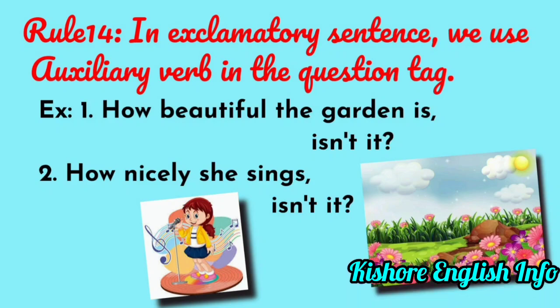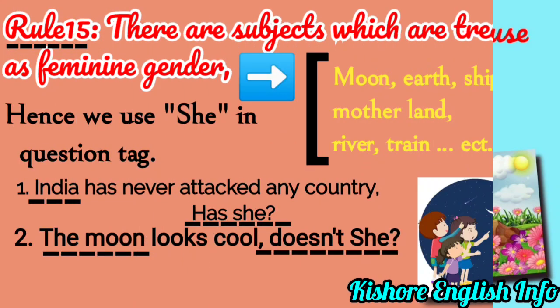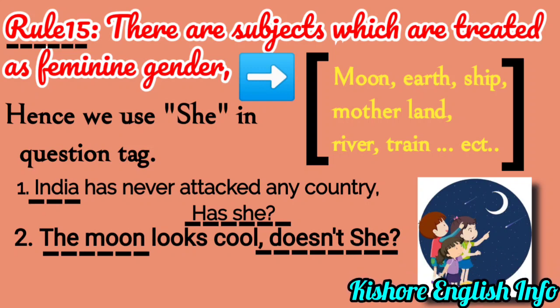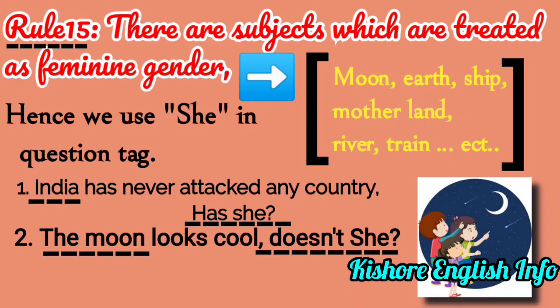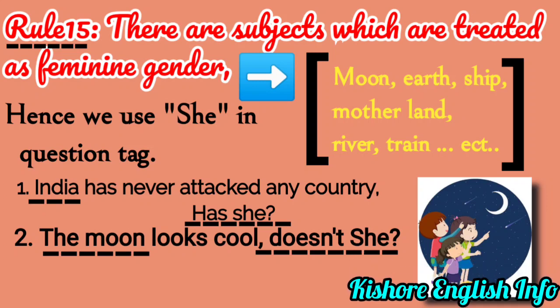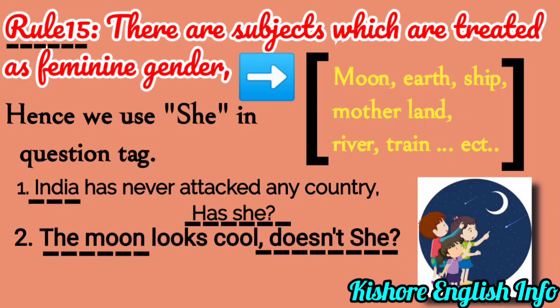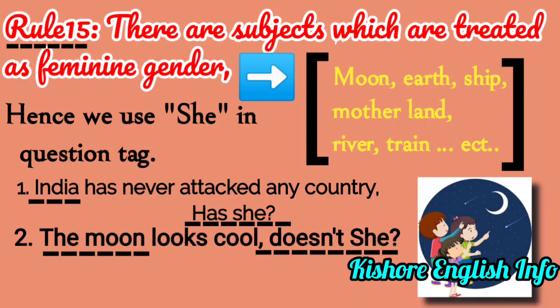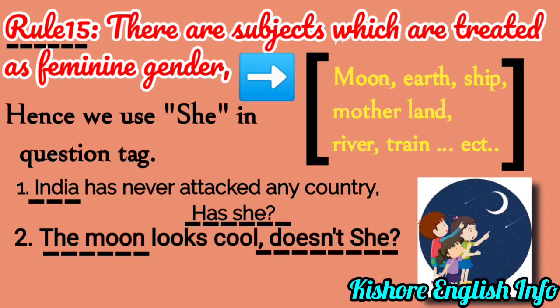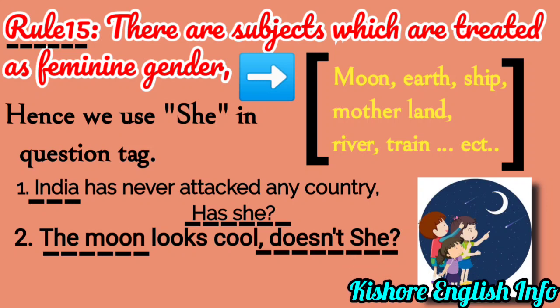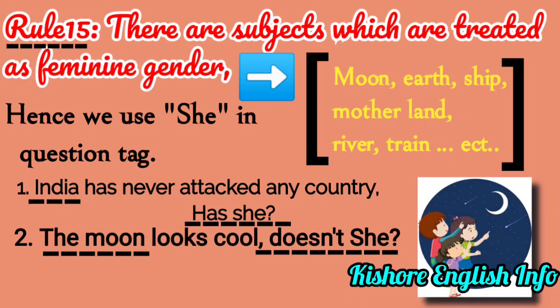The last but not the least, the 15th rule: there are subjects which are treated as feminine gender, such as moon, earth, ship, motherland, river, train, etc. We treat them as feminine, so in a question tag we use she.